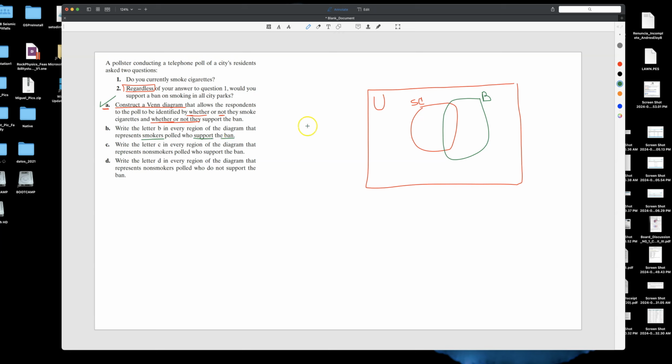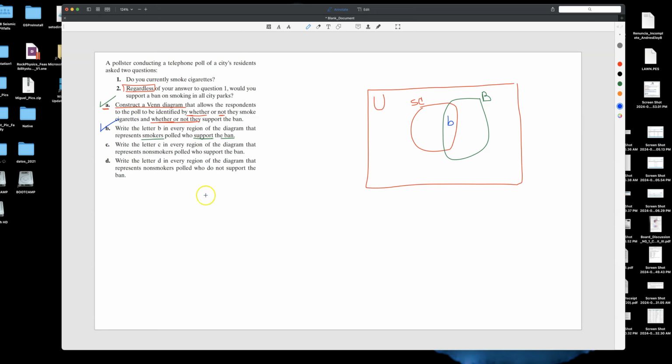In other words, these people are in the intersection of the two sets. So I'm going to use another color and put the letter B here. And that answers this question.